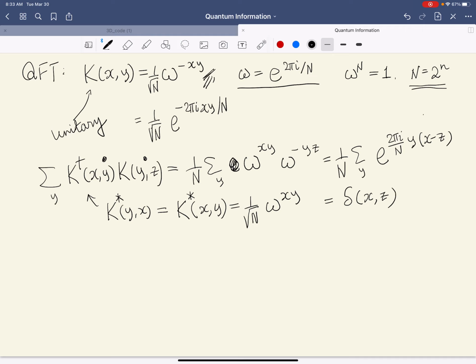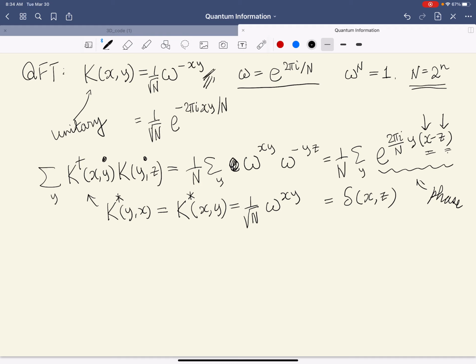That is, if these two arguments were equal, then you would get a nice identity. You would get 1. But if x and z were unequal, then you would get 0 because this is basically a phase factor. And when x and z are not equal, then these phase factors would tend to cancel each other out and give you 0.